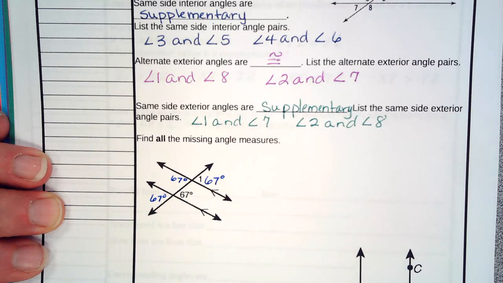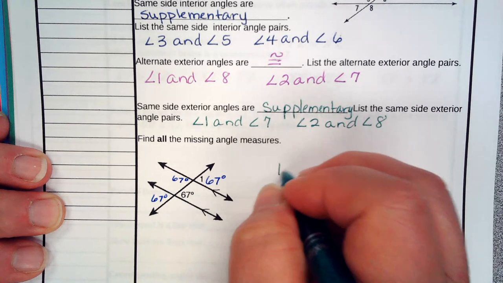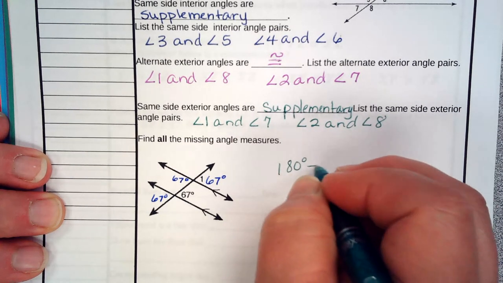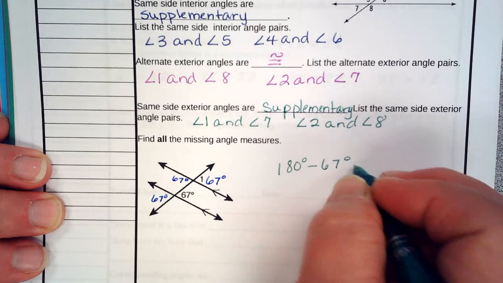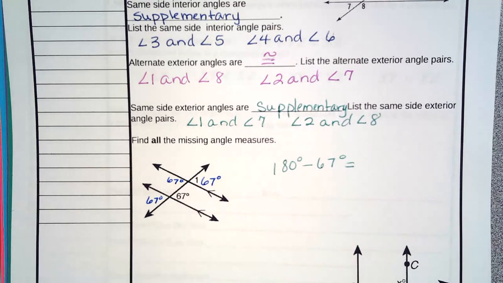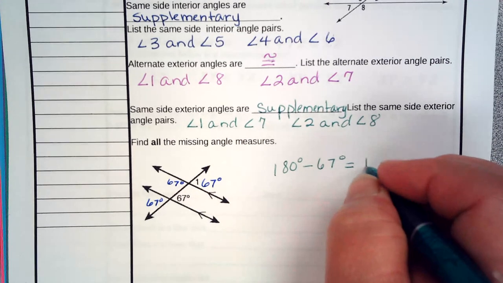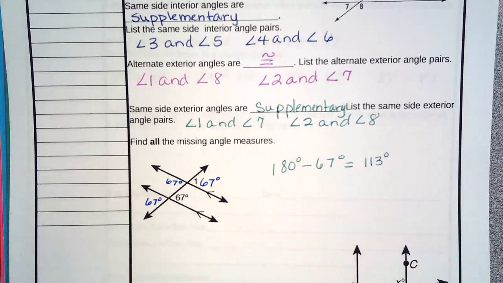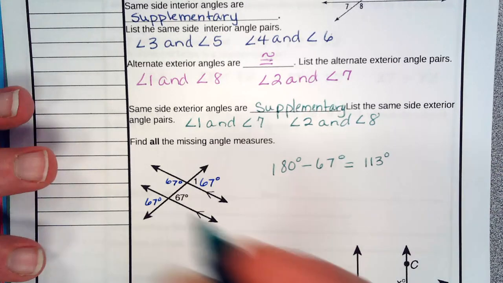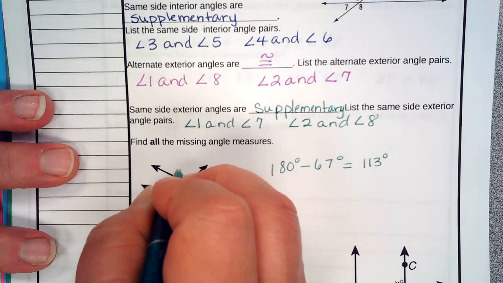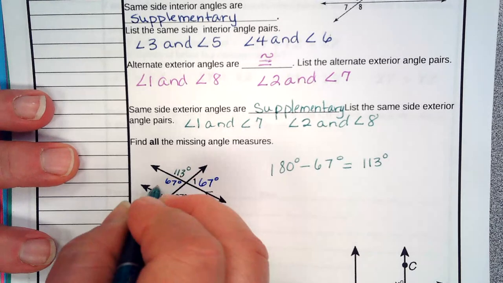Done. I've got 4 of them done. 180 degrees minus 67 degrees is equal to what? 113 is correct. So, all the rest of these will be 113 degrees.